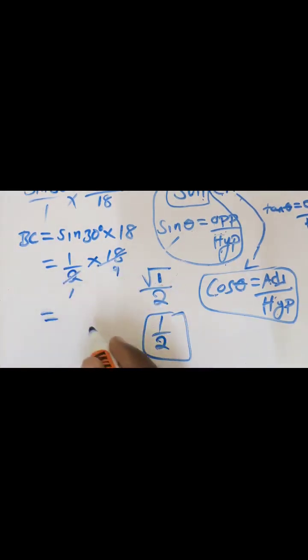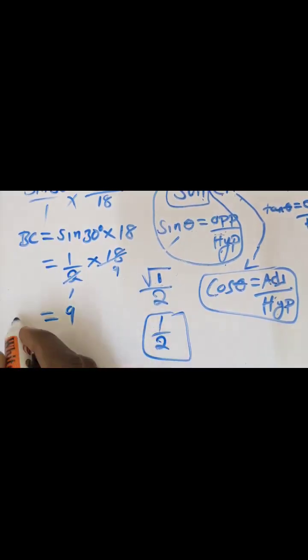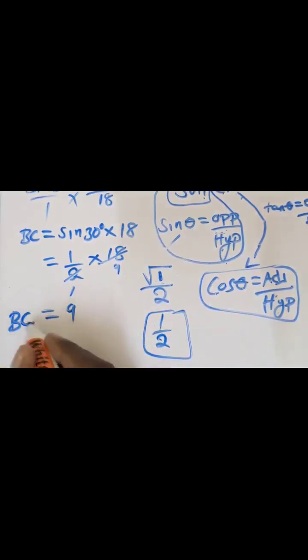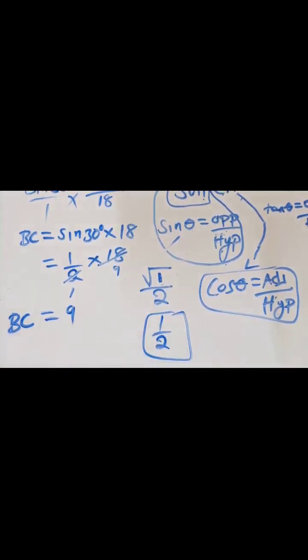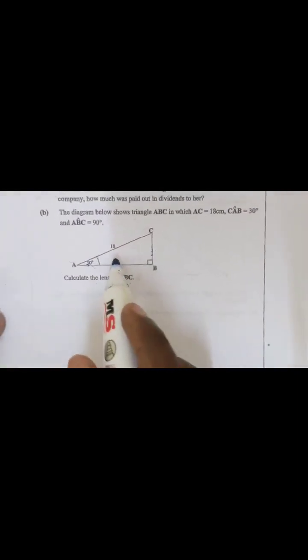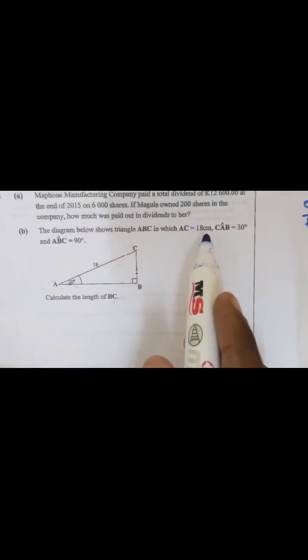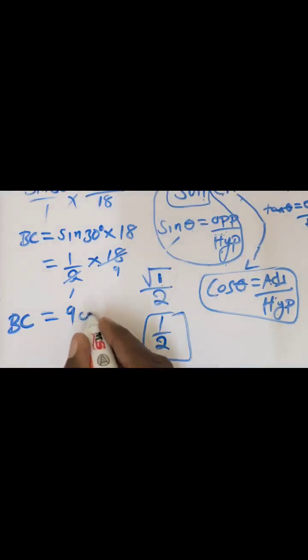So that is going to be 9. Meaning that our BC is equal to 9. And what are the units? Don't forget the units. So the units are in centimeters. So we put 9 centimeters, like that.